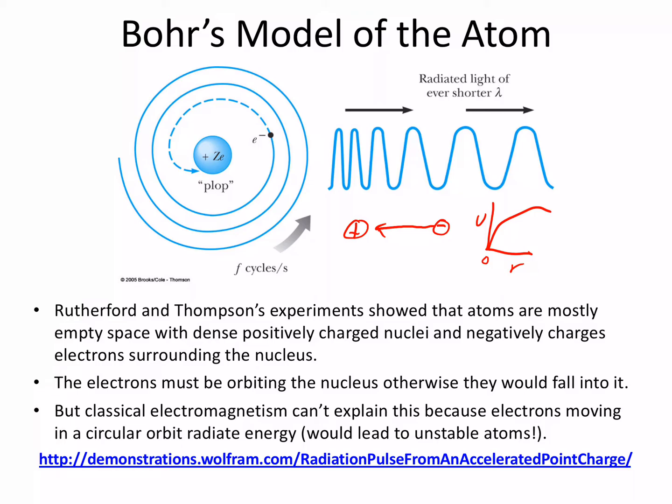In the planetary model for the solar system, if we have a planet like the Earth and a star like the Sun, we can have the Earth orbiting around the Sun with a stable elliptical orbit, right? That elliptical orbit is characterized by 2 radii that describe the size of this ellipse.